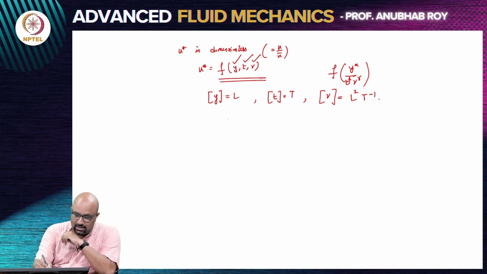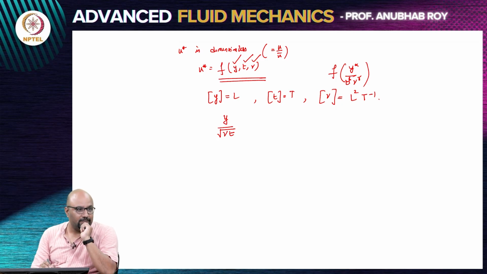Which means y divided by square root nu t is a dimensionless quantity. The numerator has units of length, the denominator has units of square root of length square inverse time into time, or rather square root of length square, and thus you get the denominator also as being something that has dimensions only of length.